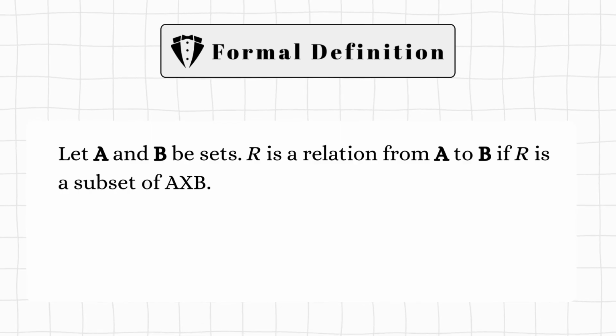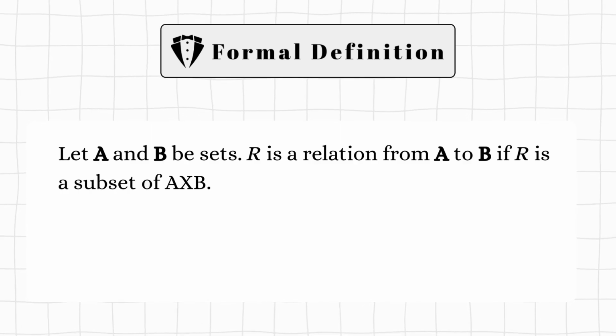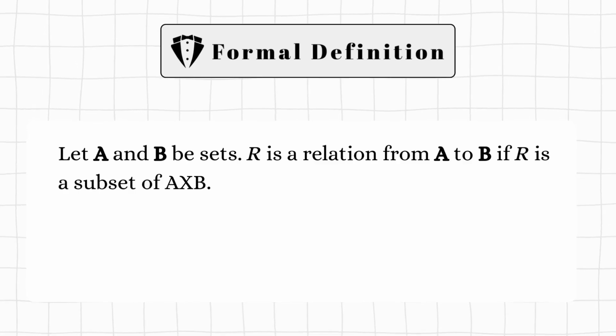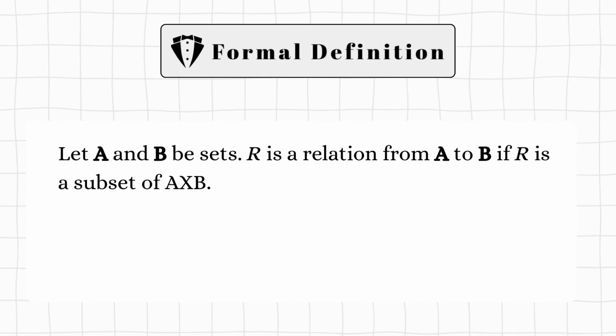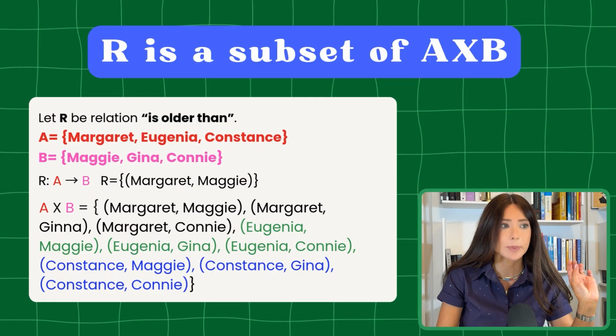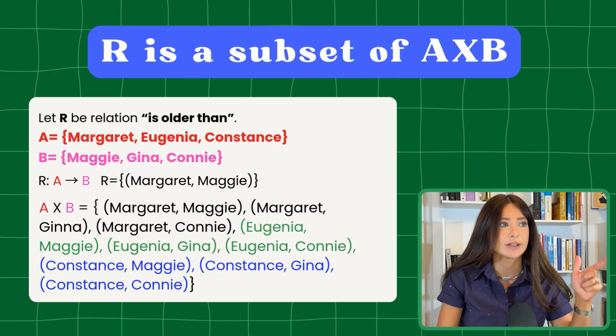So the definition of a relation is that it takes elements from A to B. So there is that direction there. Also, the relation has to be a subset of cross product between A and B. Let me explain. Cross products were covered before, but I will remind you what that is.